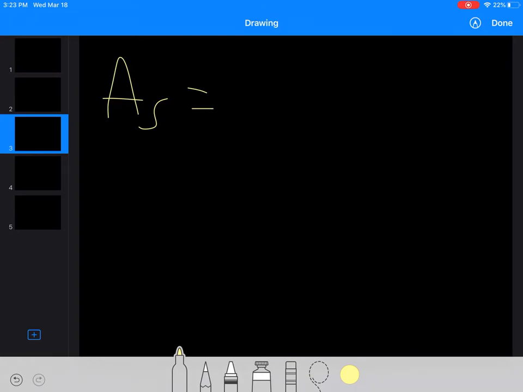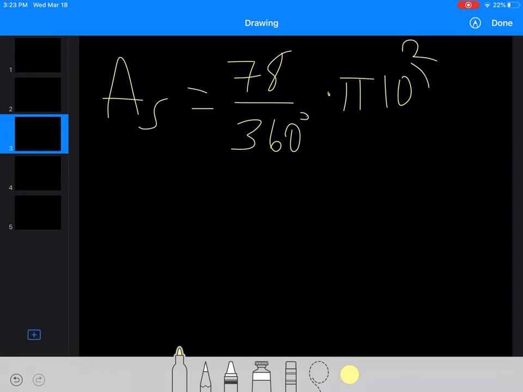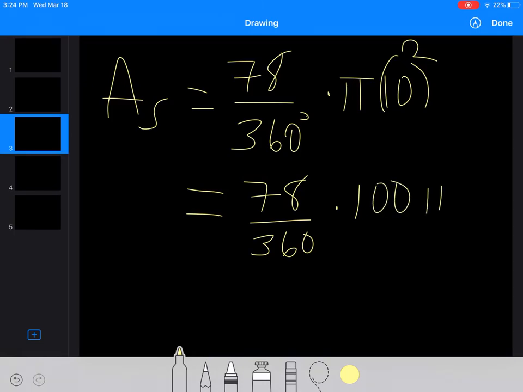So area of the sector is 78 over 360 times pi. R from this problem was 10, so r squared. All right, so we can just do some algebra here. We're going to get 78 over 360 times 100 pi. And we can do some cross canceling here.